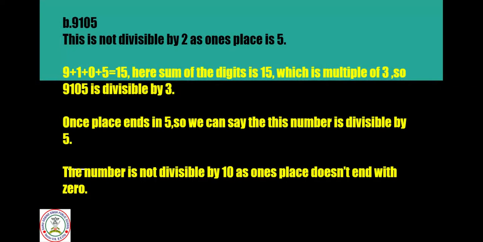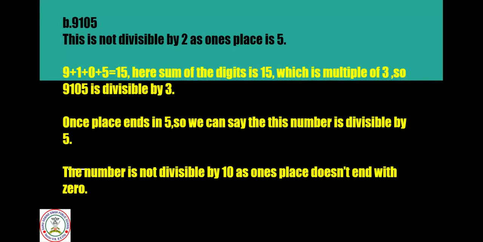Sum of the digits 9 plus 1 plus 0 plus 5, that is 15, which is a multiple of 3. So 9105 is divisible by 3.